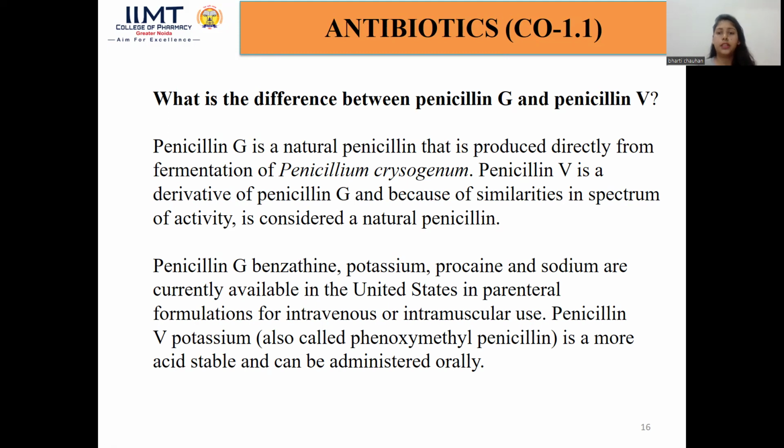Penicillin G is a natural penicillin that is produced directly from fermentation of Penicillium chrysogenum. Penicillin V is a derivative of penicillin G and, because of similarity in spectrum of activity, is considered a natural penicillin.